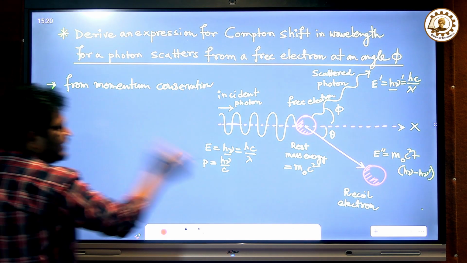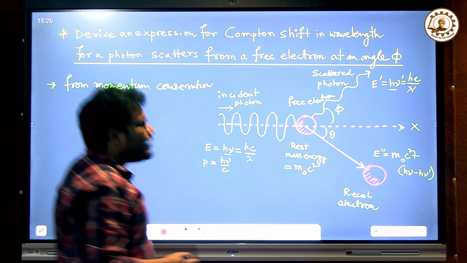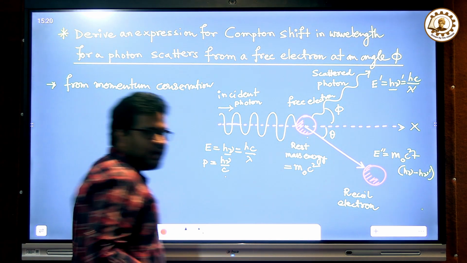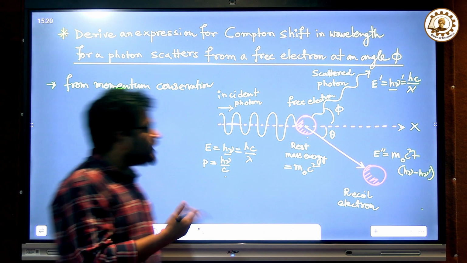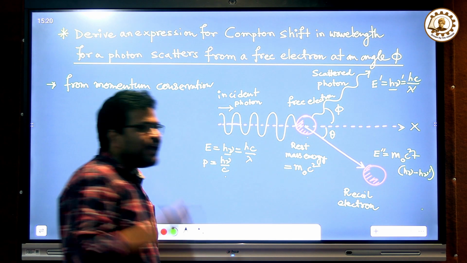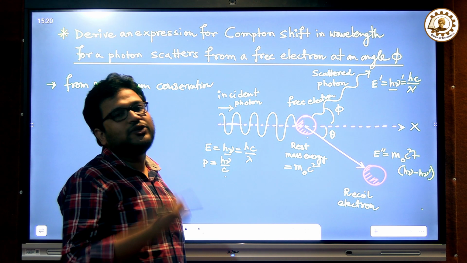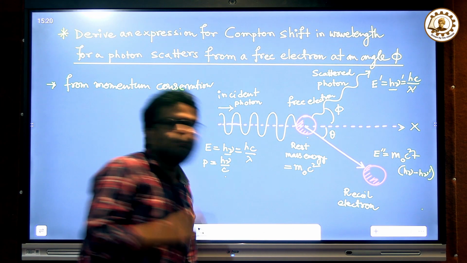So initially the momentum of this photon is h nu by c. And what is the momentum of this electron? As I have already told you, initially this electron is at rest. That means it does not have any velocity, thereby it does not have any momentum.